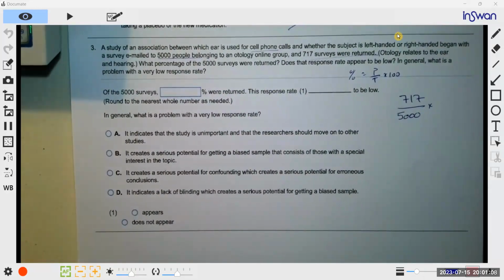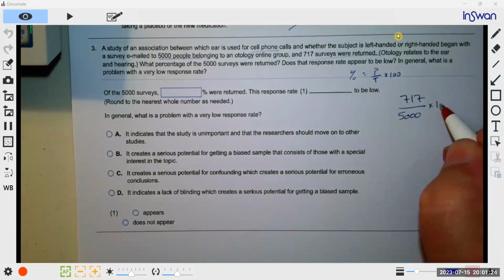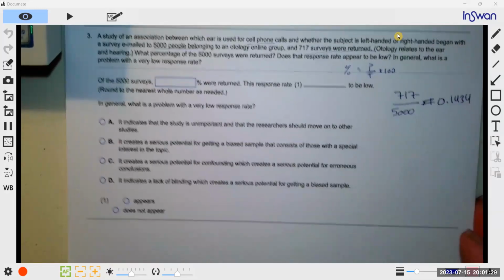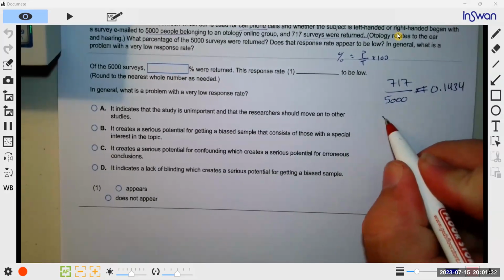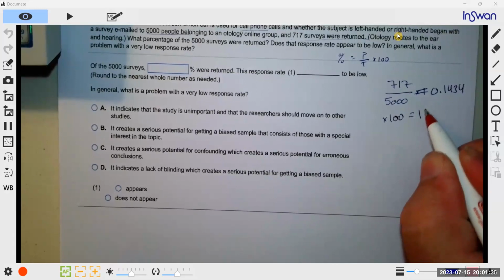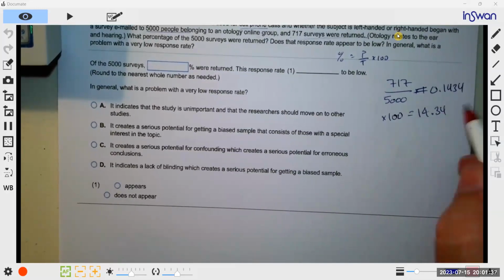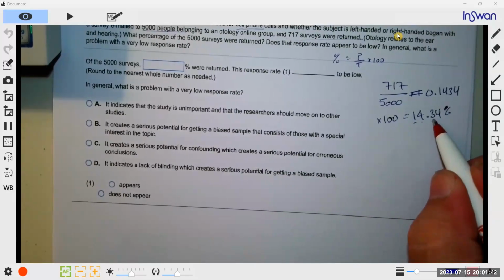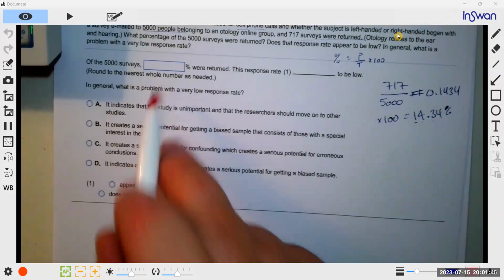Let's do that calculation. On the calculator, we have 717 divided by 5,000. That equals 0.1434. Times 100 equals 14.34%. Okay, we just want a whole number, so round to the nearest whole number.